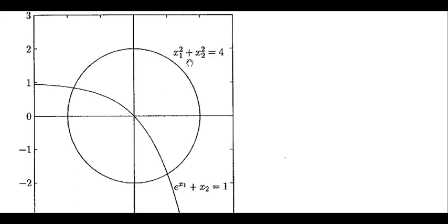For the partial derivative of this function, the first part you have to differentiate in terms of x1. So what will be the derivative response of that part? It will be 2x1.